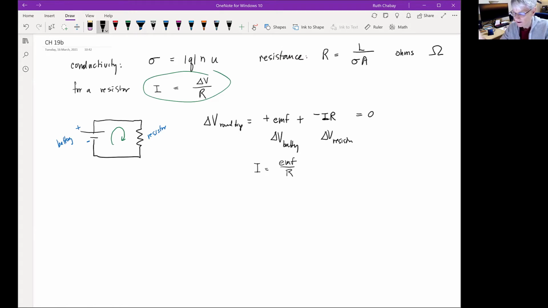And at least one of you objected to this, in that as we decrease the resistance, so as the resistance goes to 0, so the resistor gets smaller and smaller, it looks like the current should get infinitely large. And that indeed would be a problem, because we would be very surprised if we got infinitely large currents.